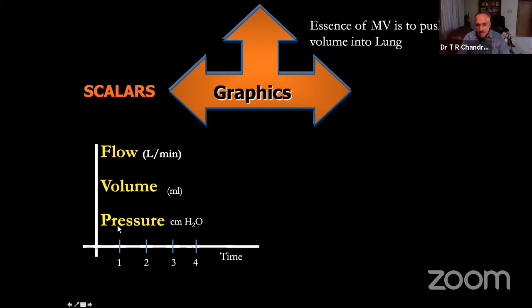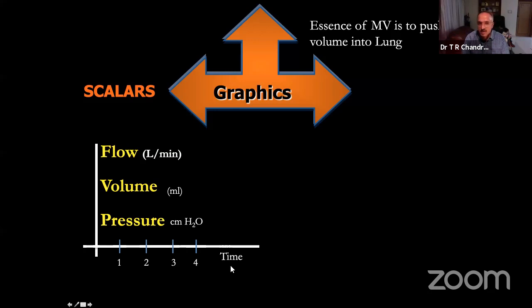When you look at the pressure versus time, you can look at all your peak pressures, driving pressure, plateau pressures, and things like that. So what I want you to understand at this stage is, first analyze what scalar you are looking at. A scalar is one parameter on the y-axis with time on the x-axis. Once you decide that you are looking at pressure, you will be looking at only pressures.